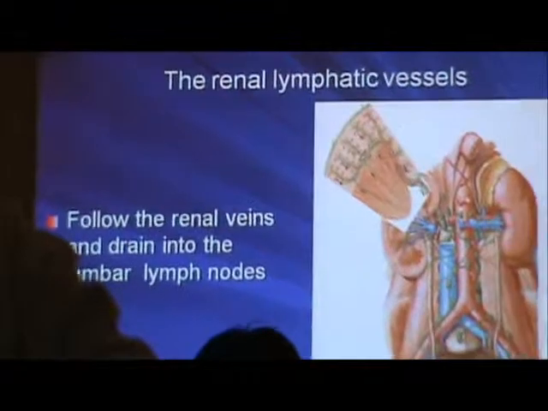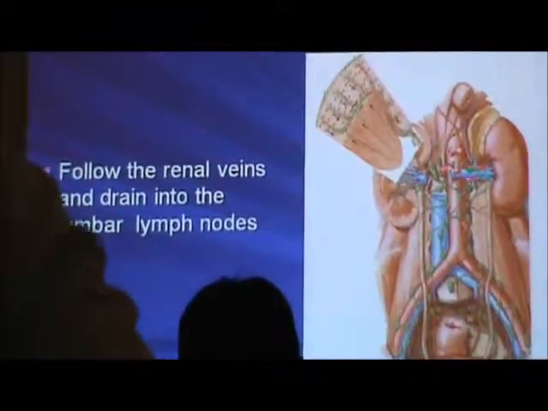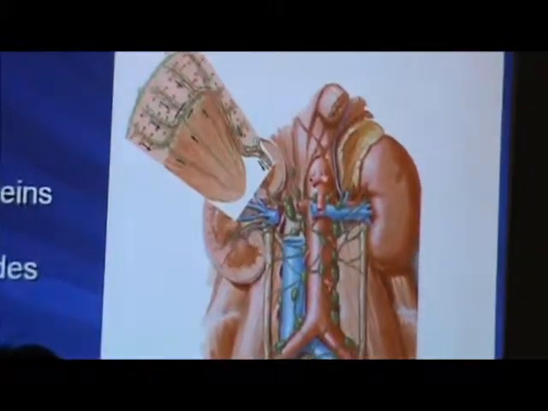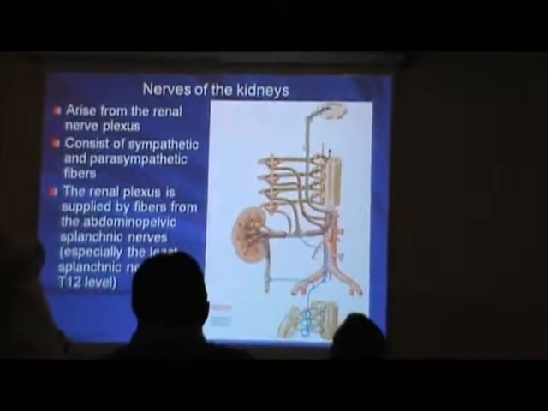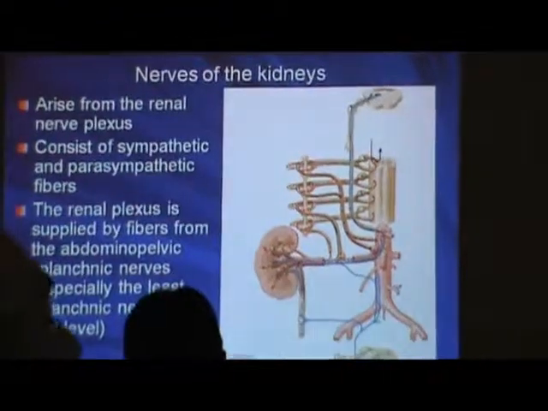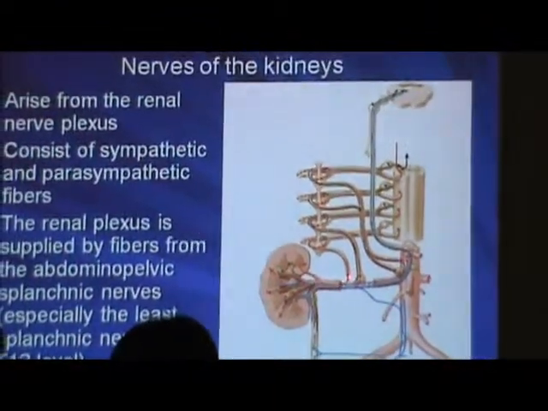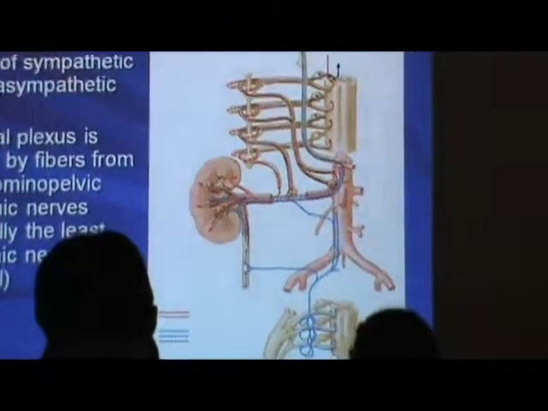The renal lymphatic vessels follow the renal veins and drain into the lumbar lymph nodes. The nerves of the kidneys arise from the renal nerve plexus, which consists of sympathetic and parasympathetic fibers.